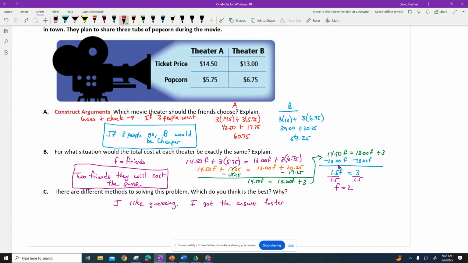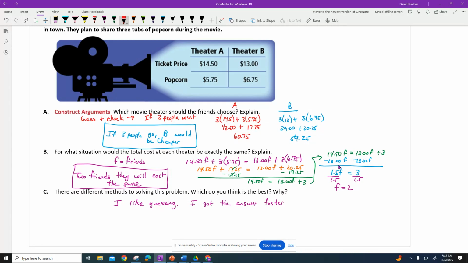Alright, so I want to get my F by itself, which we practiced last week. Got to get that multiplication out of the way. I decided to get this 17.25 over here, but you could have said let's get this 20 over here. I like to just keep my F's on the left side. After I had that, I kind of ran out of room down here, so I brought my $14.50 F down. There's my $13 F, and this was 3.